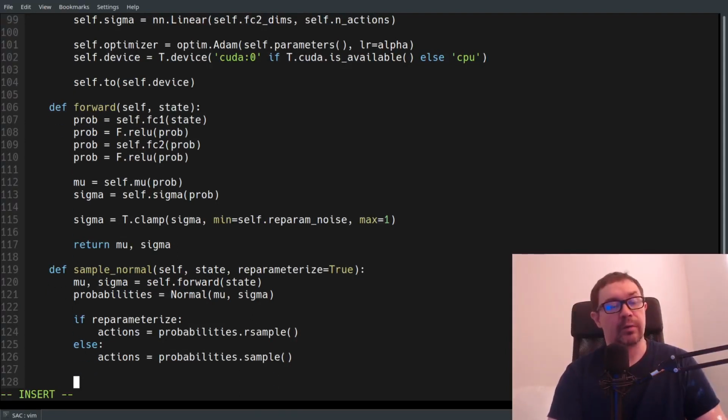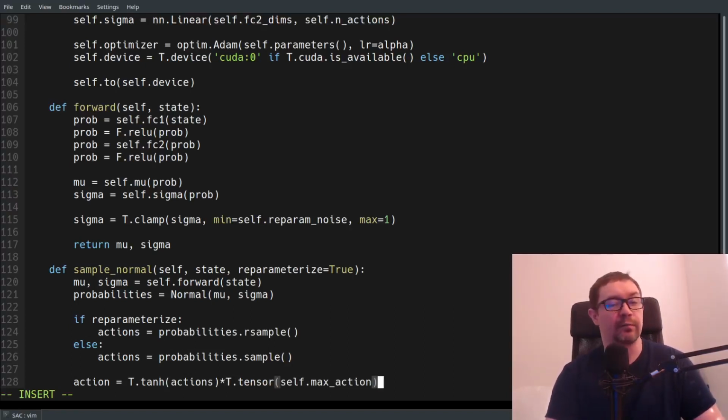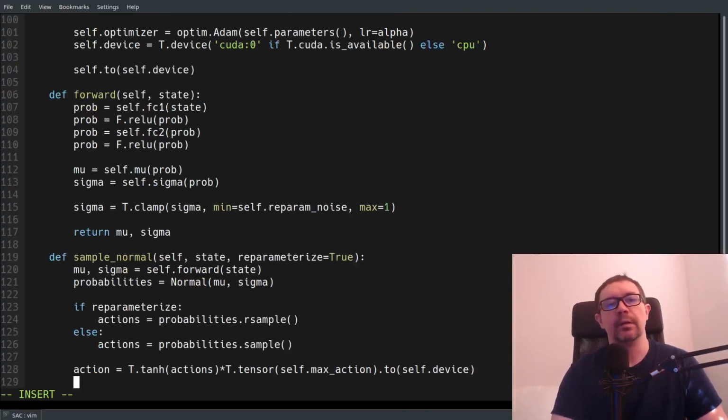Next, we want to get our action for our agent, and that is a tan hyperbolic activation multiplied by the max action, because remember, the environment could very well have a maximum action beyond plus or minus 1. And to make PyTorch happy, we have to send that max action tensor to our device, because we have to have the same data types for everything in the entire graph, and we're dealing with CUDA tensors elsewhere, so this has to be a CUDA tensor as well.